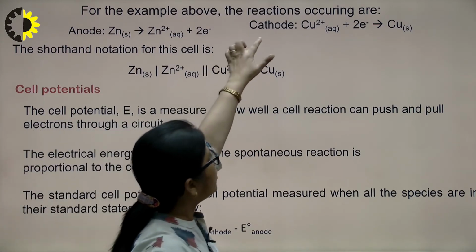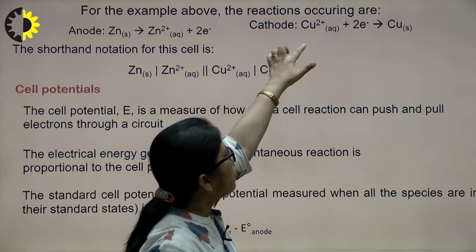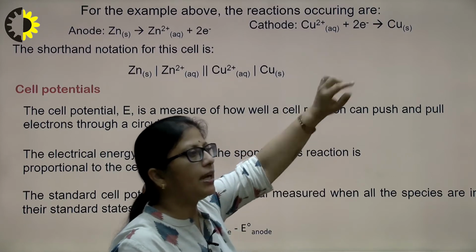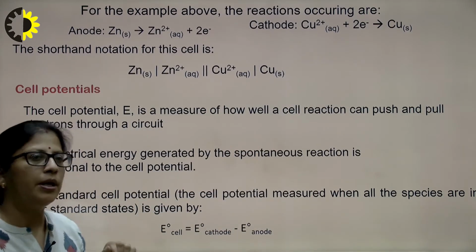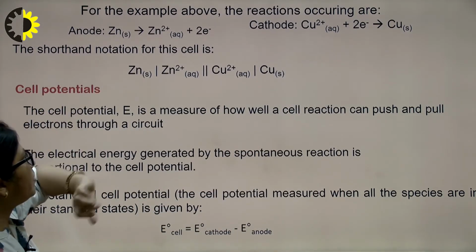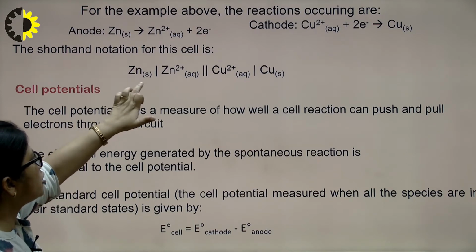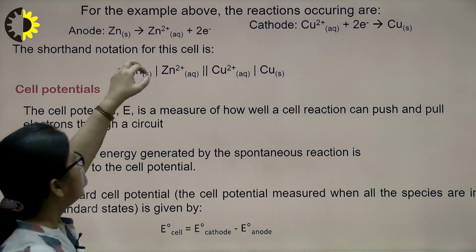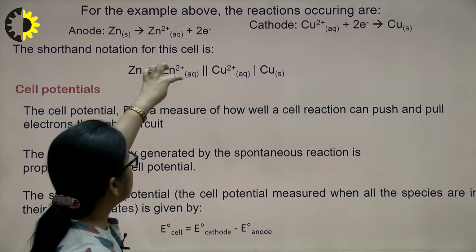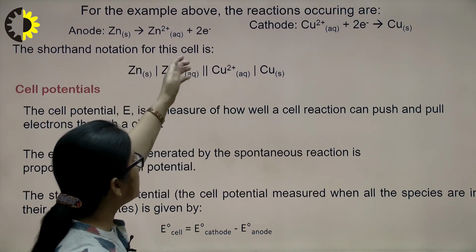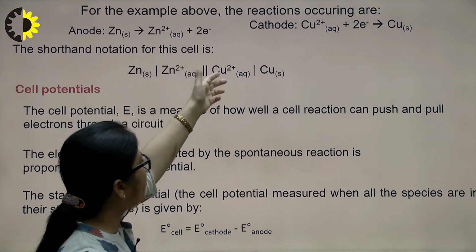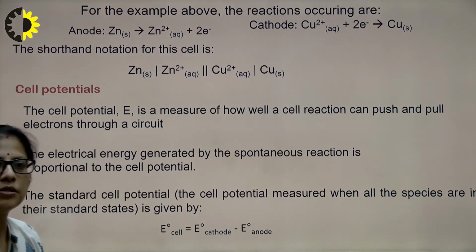Whereas, at the cathode, the copper ions are going to accept the electrons and get converted into copper. So, the cell can be represented as zinc solid, zinc ions which are being produced, separated by a salt bridge, then copper ions and the copper solid.